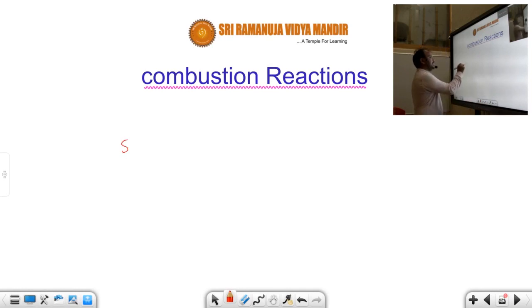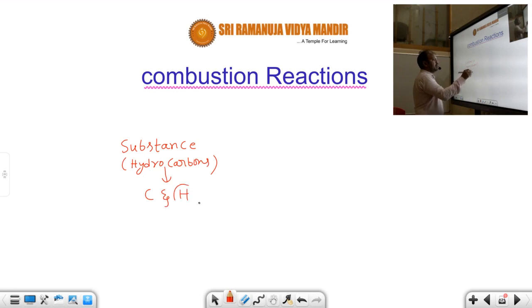The substances like hydrocarbons. Hydrocarbons means what? The compounds which are made up of carbon and hydrogen, those are called hydrocarbons.